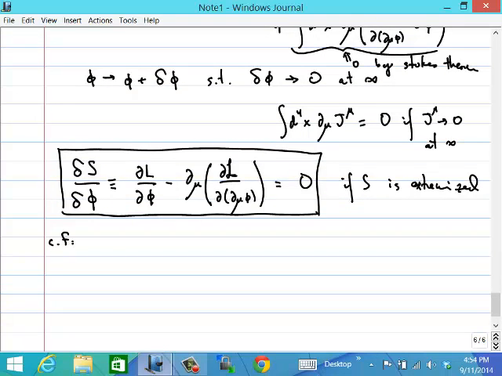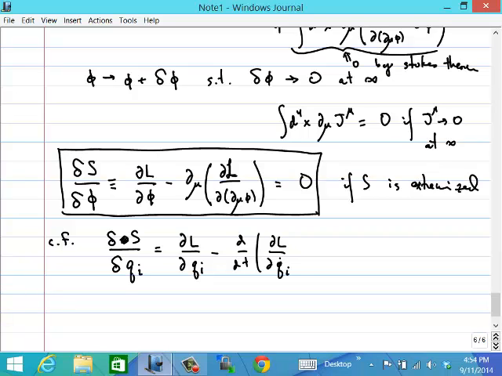So for example, you should compare this to the expression in standard classical mechanics, where you imagine that you have some number of degrees of freedom labeled by some index qi, so that's dL by dqi minus d by dt of dL by dqi dot.